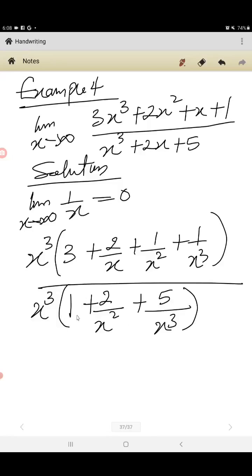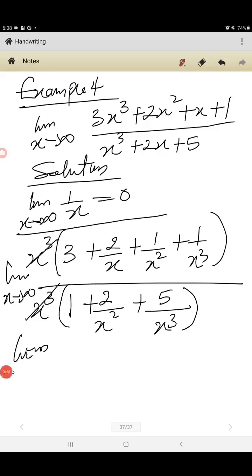And we all know that the limit as x tends to infinity. So since you know that the limit of 1 over x will surely give you 0, the first thing you do, you cancel this and this. We have the limit as x tends to infinity.